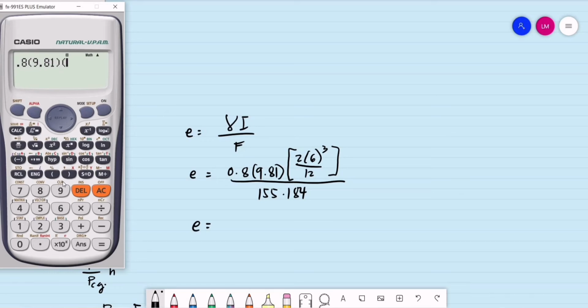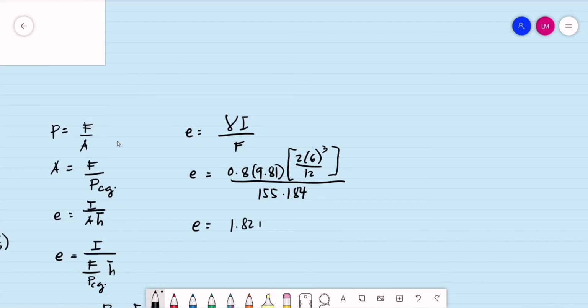So, let's say E is equal to, this is 0.8 of the 9.81. Okay, moment of inertia is 2 times 6 cubed divided by 12, all over the force na na-compute sa number 11, 155.184. So, that's the same as 1.82 meters. So, pareho lang yung nakuha natin kanina.